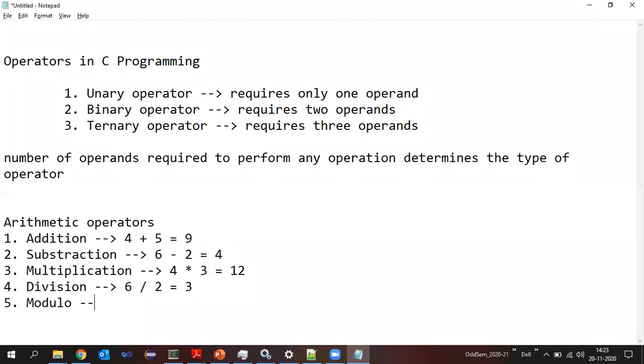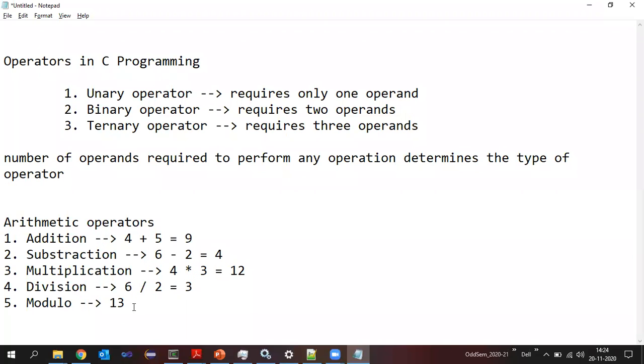Now comes the very important and tricky one. Let's see how many of you will answer here: 13 modulus 5. If you notice, plus is the symbol for addition. The minus sign, that is a dash, is the symbol for subtraction. Star is the symbol for multiplication. In the same way, the forward slash is the symbol for division.